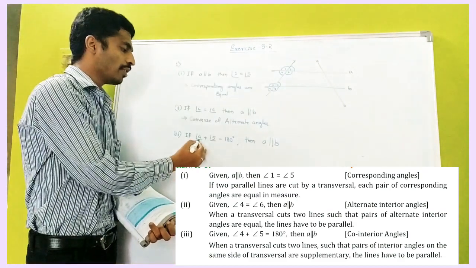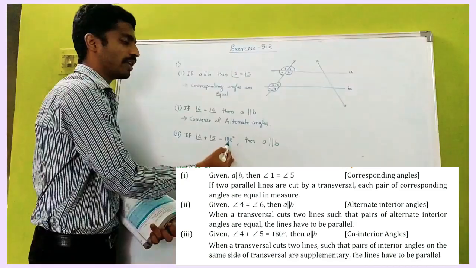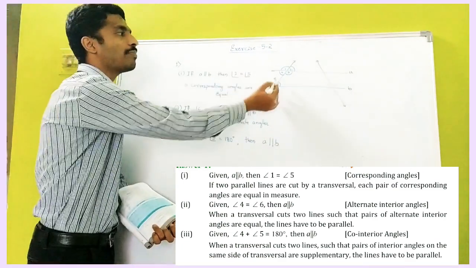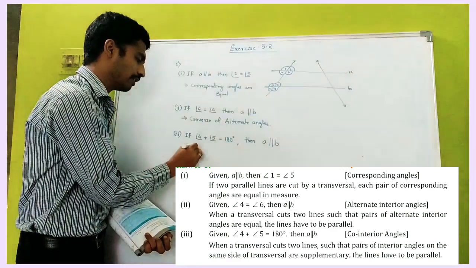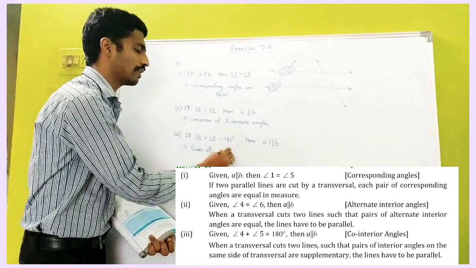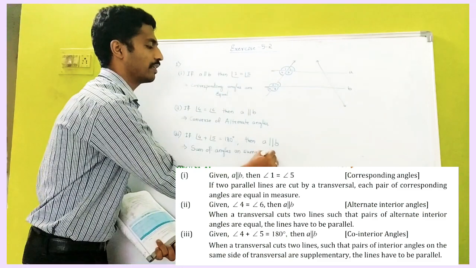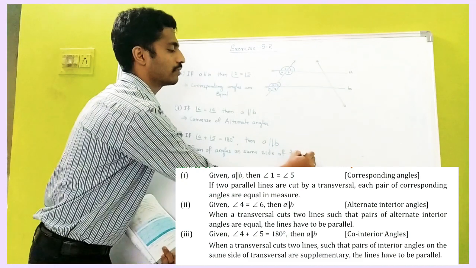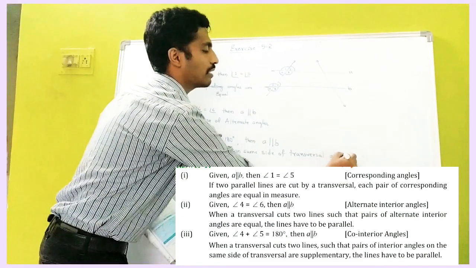So if angle 4 plus angle 5 gives us 180, then A parallel to B. Why? Sum of angles on the same side of the transversal are supplementary.